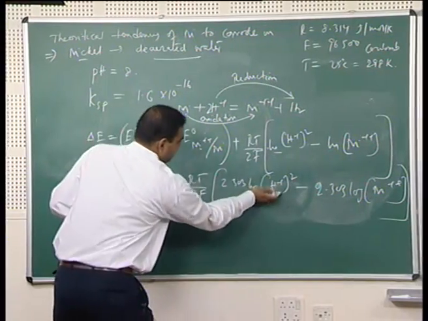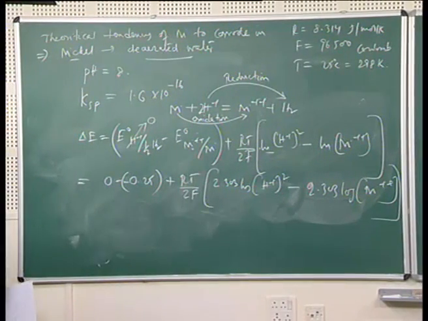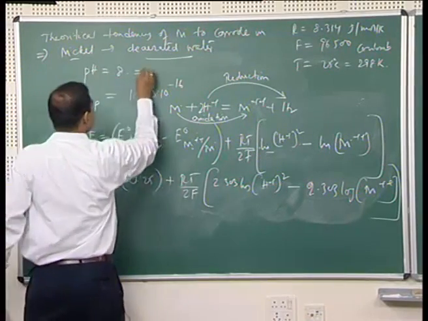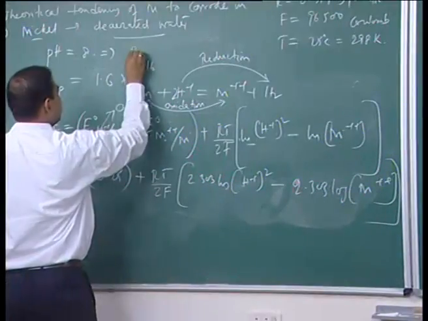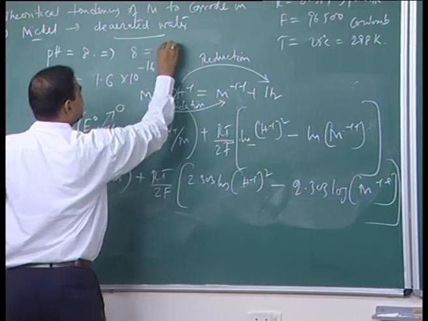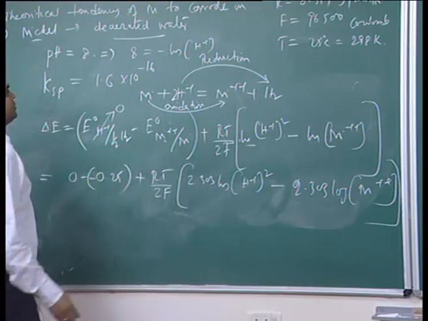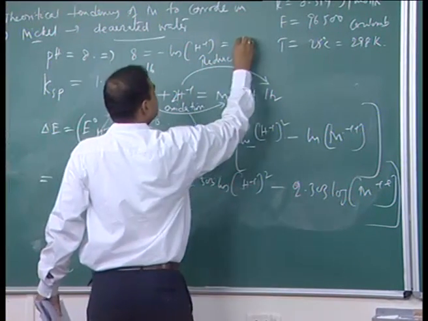Now I have to find the hydrogen ion concentration. It can be found from the pH, which is equal to minus log of the hydrogen ion concentration, so it's nothing but 10 to the power minus pH.